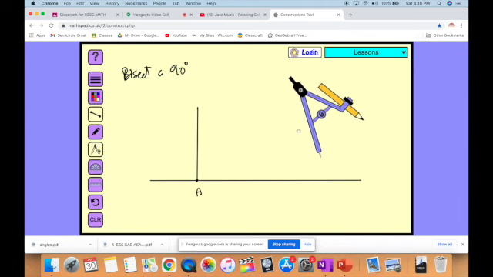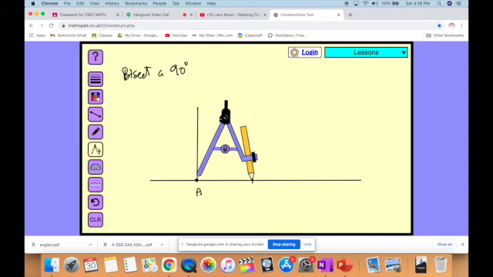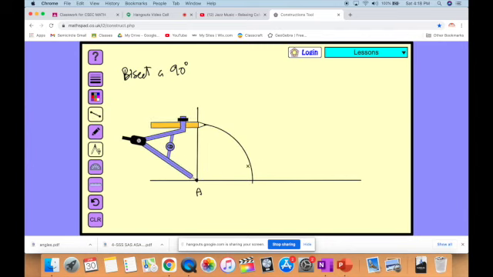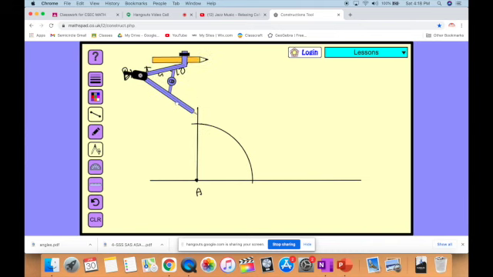Watch how fast I'm gonna do it. Point A, open the compass to any length, draw an arc to cut both, right? And once you draw your arc to cut both, with the same opening, you notice I didn't touch the opening there.